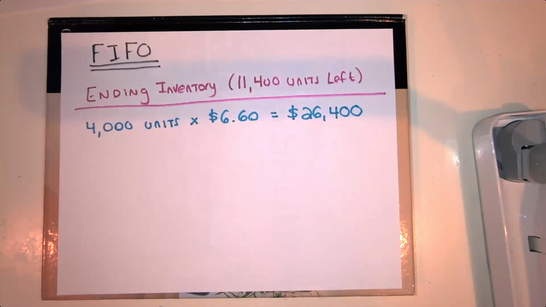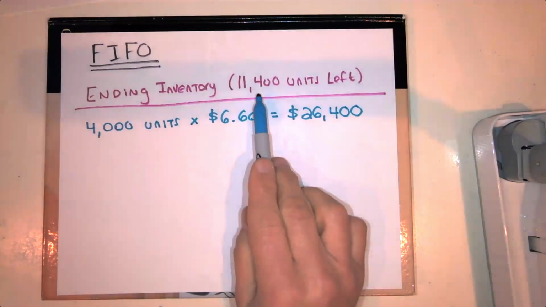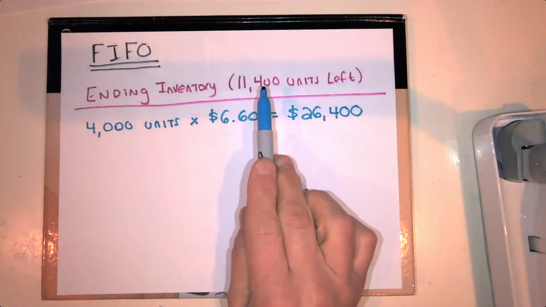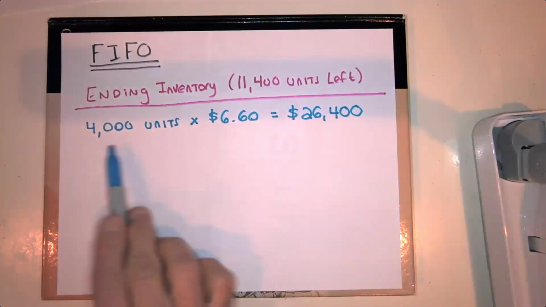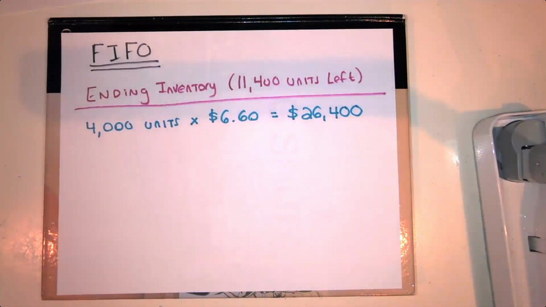But we're not done, because we have to account for 11,400 units. So far, I've only got 4,000.